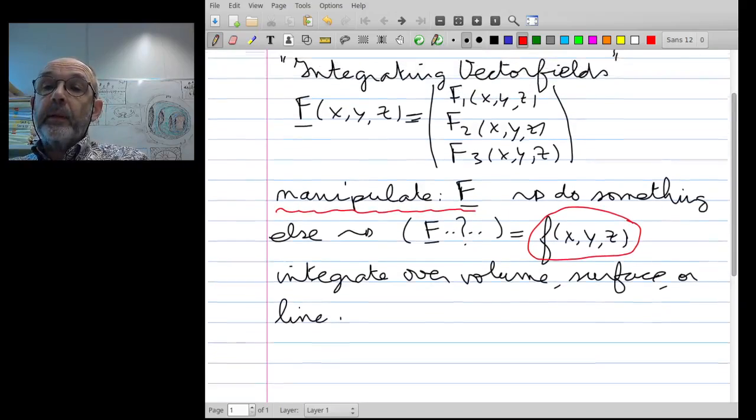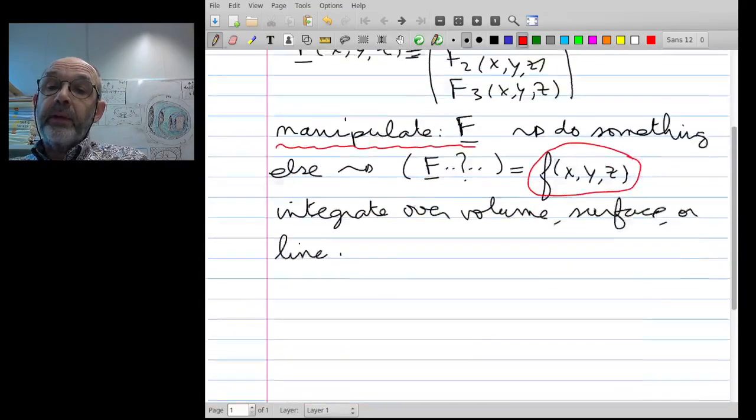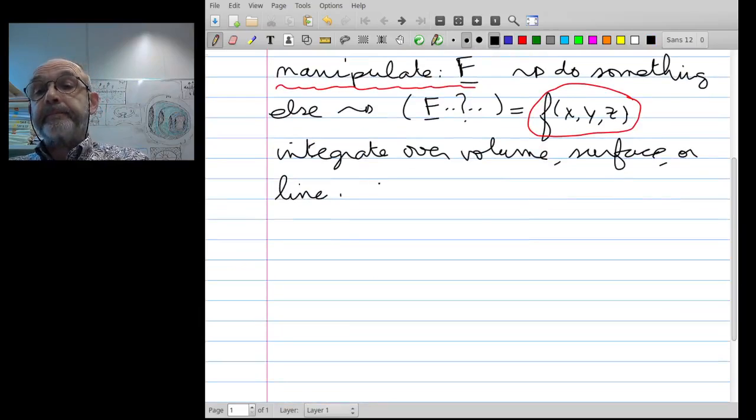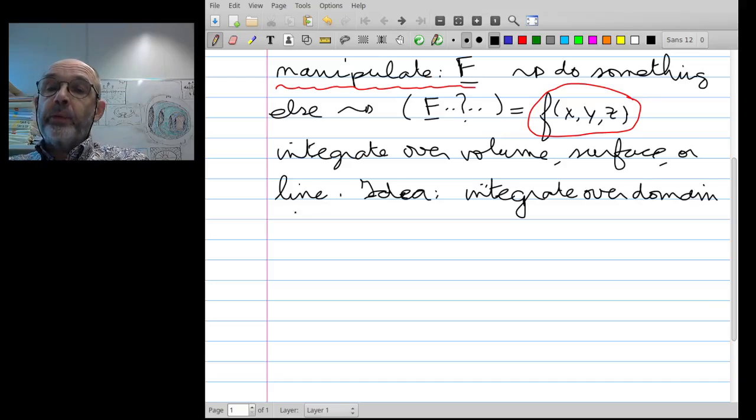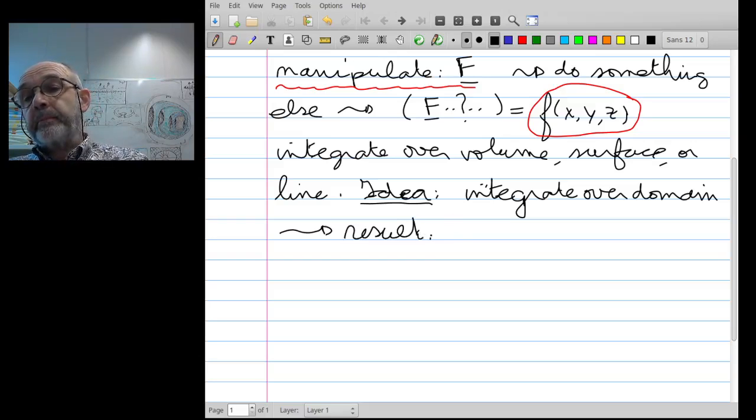And let's see what we can do. And then the idea, keep that also in mind: integrate over some domain, and then you want to do it in an easier way, and the result will be some integral over the boundary of a domain.